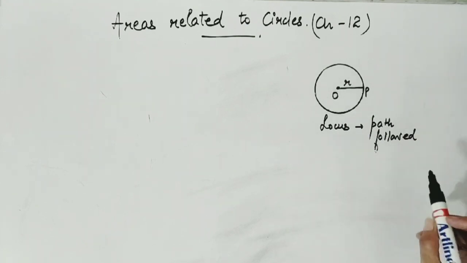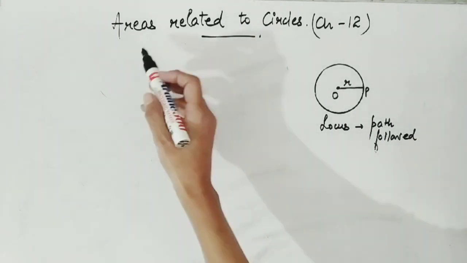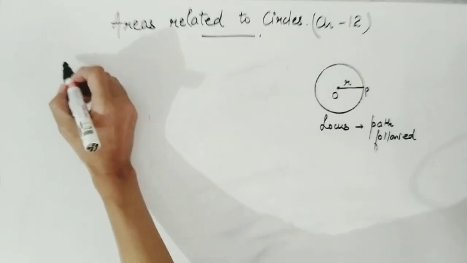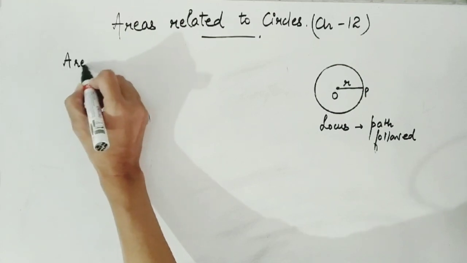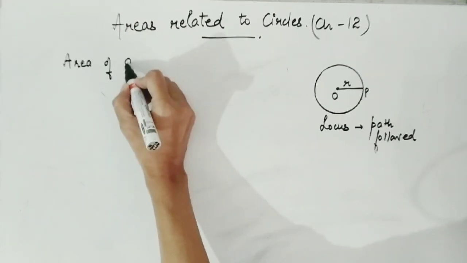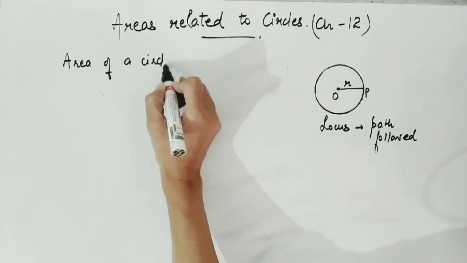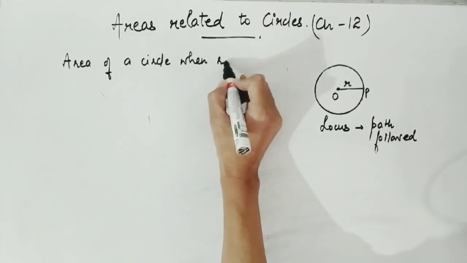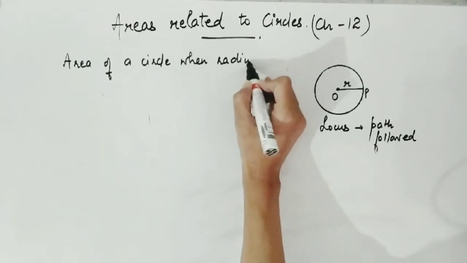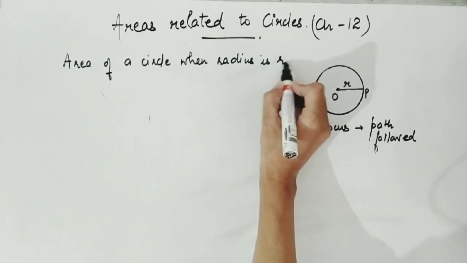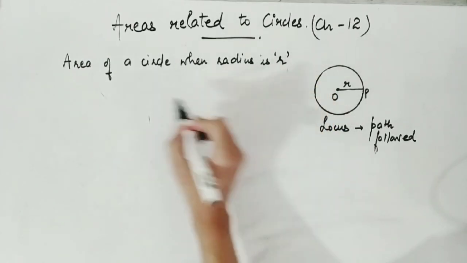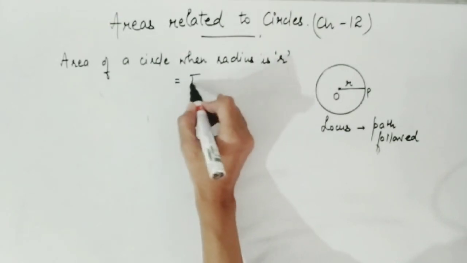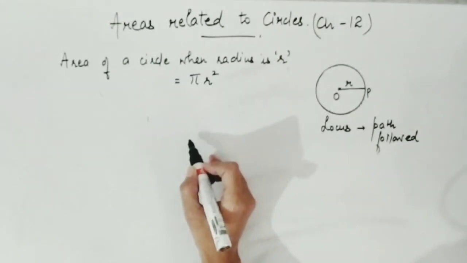We already know this. Now because we have to deal with areas, the formula to find out area of a circle when radius is r: if radius is r units, its area would be pi times r square.